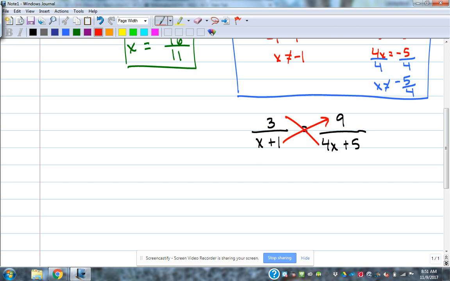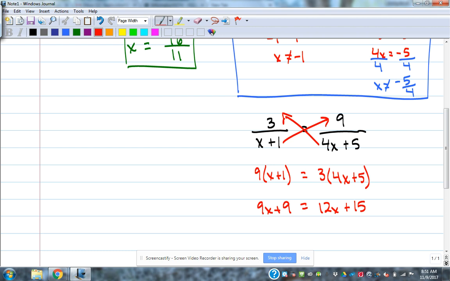Cross multiply. So that's 9 times x plus 1 and 3 times 4x plus 5. And I'm absolutely fine with you skipping writing that step down and just doing the distributive property. Okay, so 9 times x is 9x plus 9, and that equals 12x plus 15.